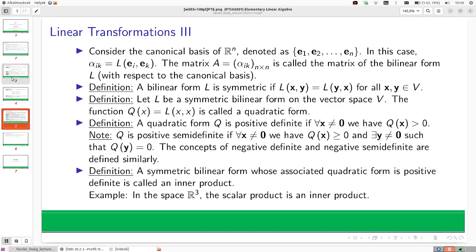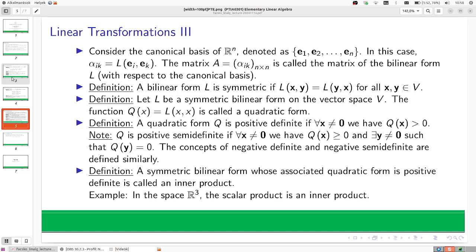With matrices, it's more understandable. You also can define the semi-definite and the negative semi-definite features. A symmetric bilinear form whose associated quadratic form is positive definite is called an inner product.